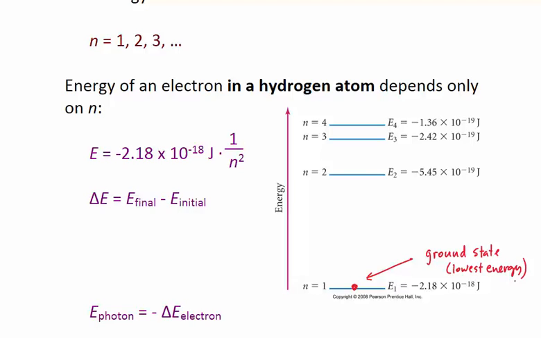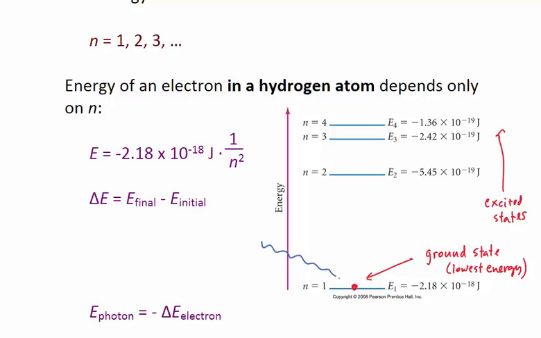So if that one electron were to jump up to any of those higher energy levels, those are all excited states. For example, let's say this electron here in n equals 1 absorbed energy.